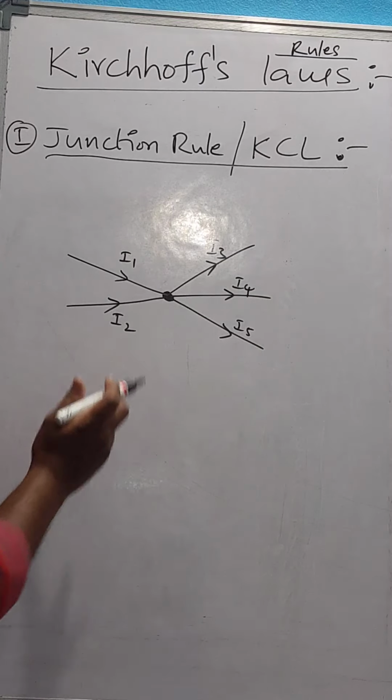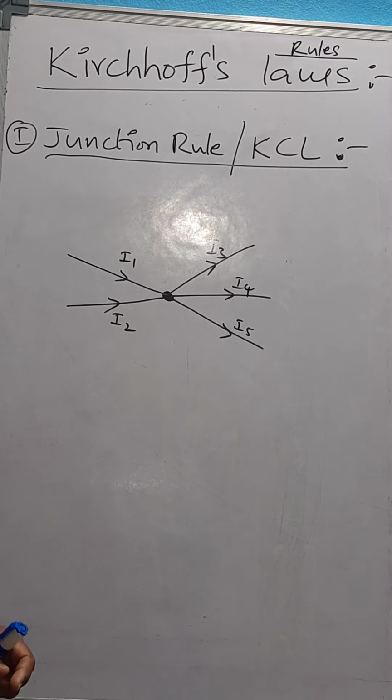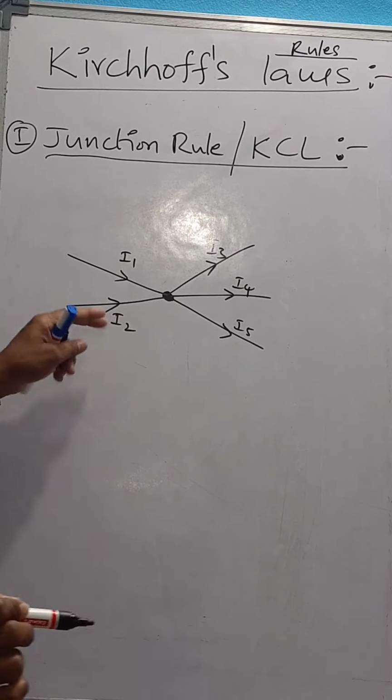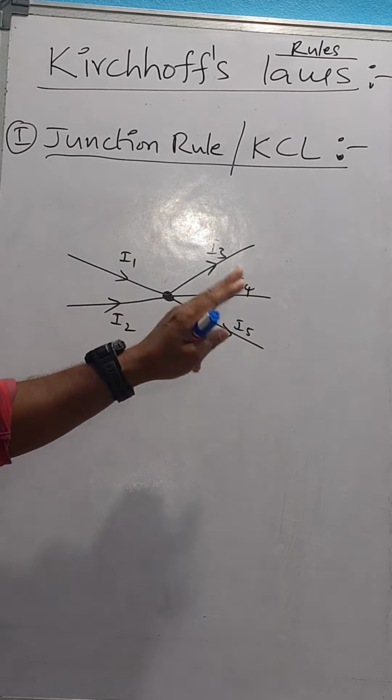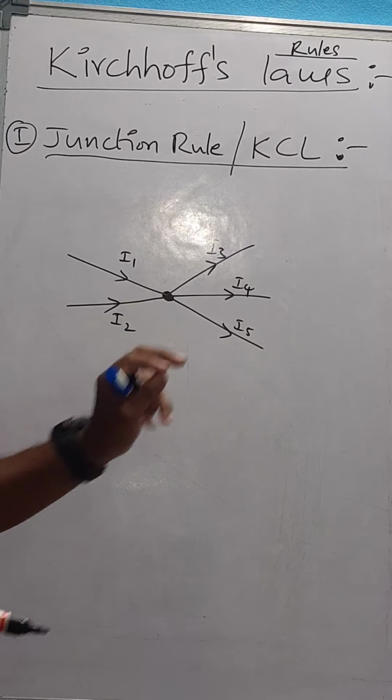Kirchhoff stated that the number of currents entering a junction is equal to the number of currents leaving the junction.